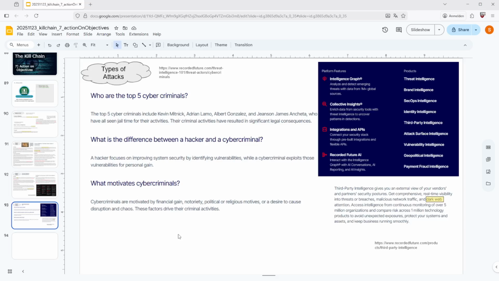For example, CrowdStrike used to be the hottest stuff around 5 years ago, or maybe 3 years ago. But more recently, they make mistakes. CrowdStrike was responsible for taking down the IT of entire airports because they pushed a non-functioning update on the CrowdStrike software.